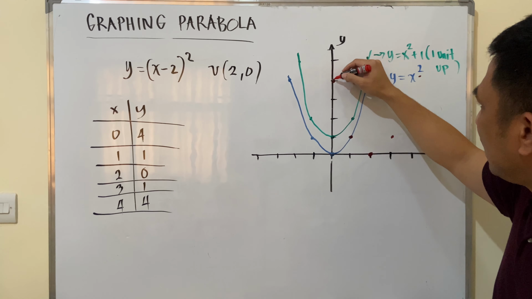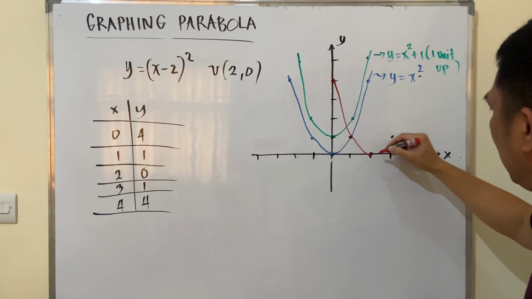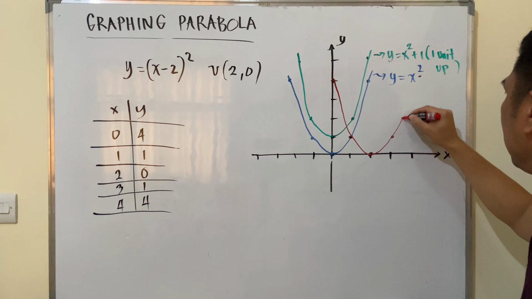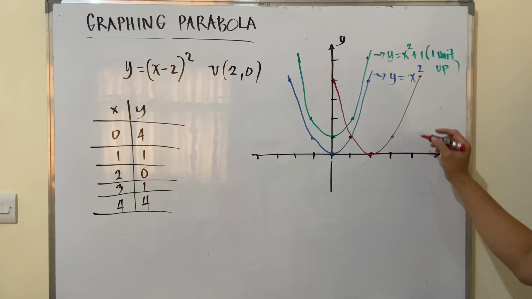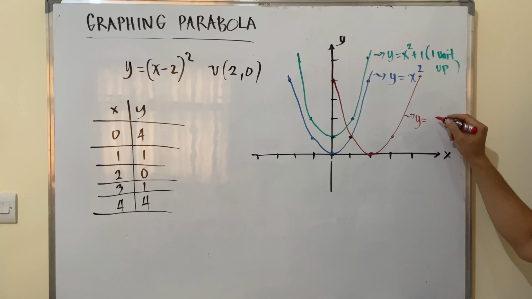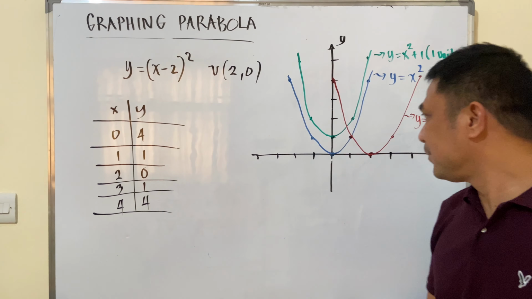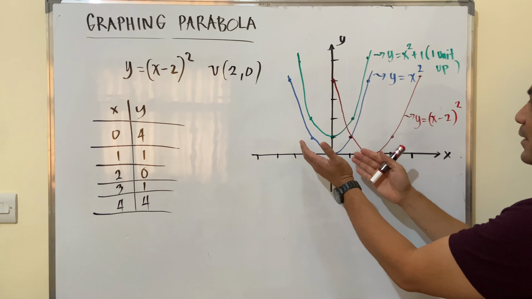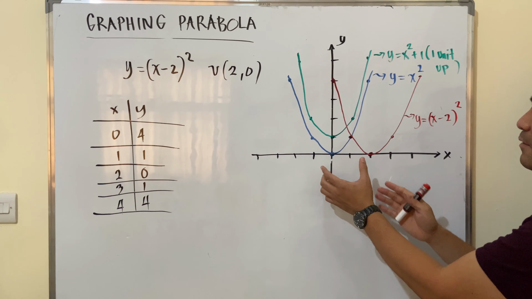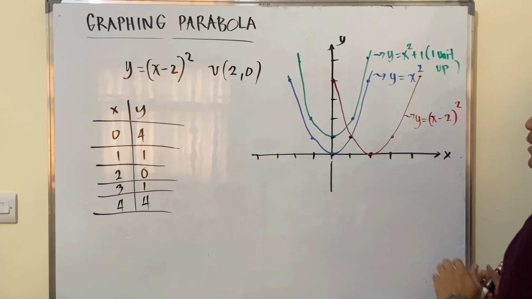So if we try to graph this one, it will be like this. So this now has the equation (x - 2)². What have we observed here? It's basically the same graph, but we moved our graph only 2 units to the right.